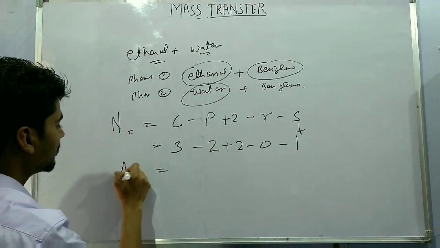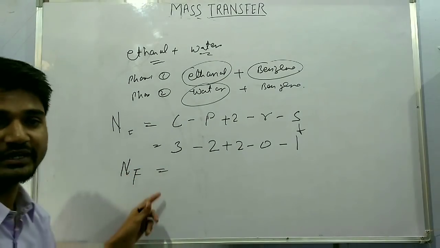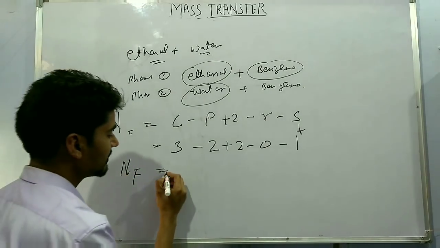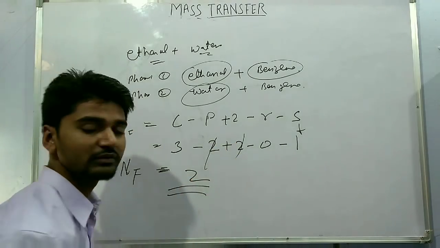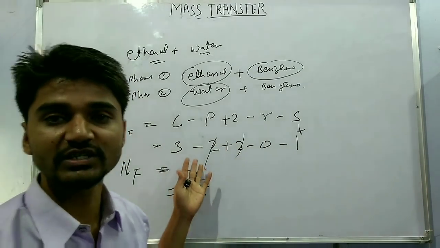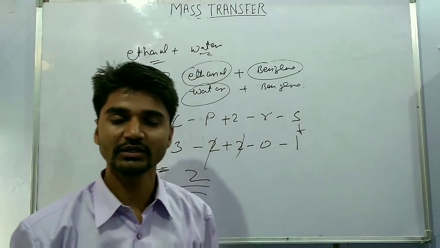So from here we get the number of degrees of freedom as 2.